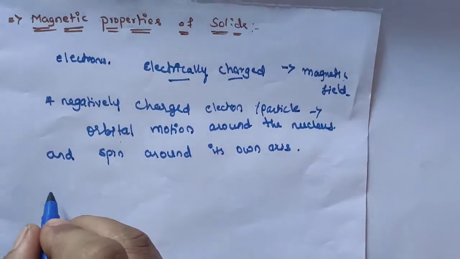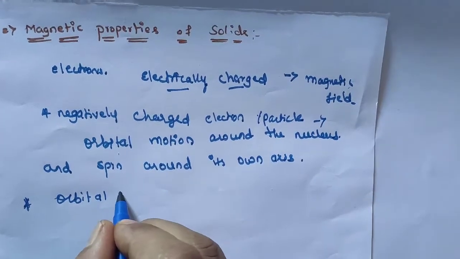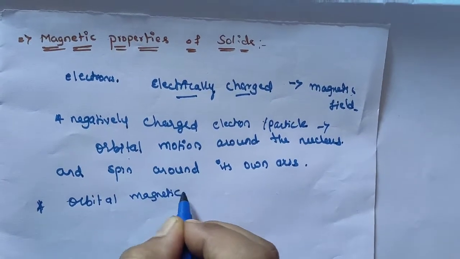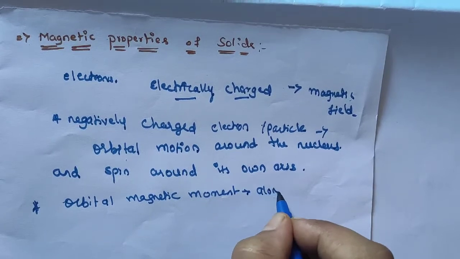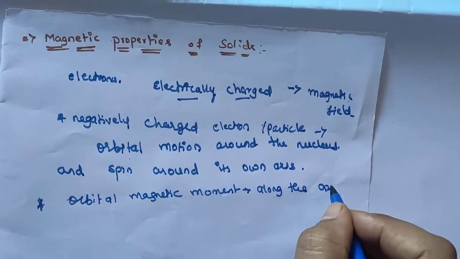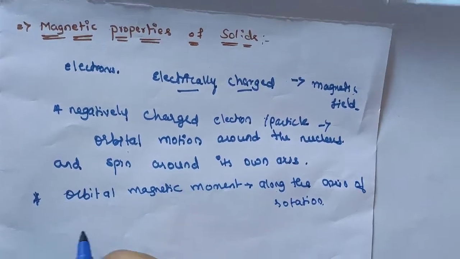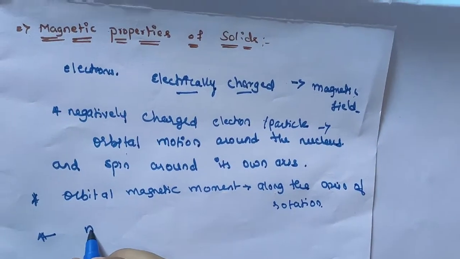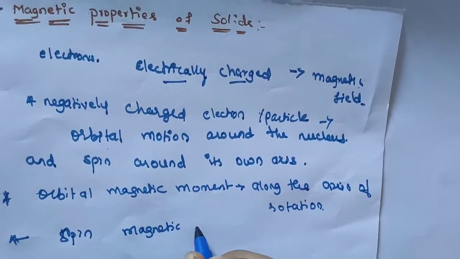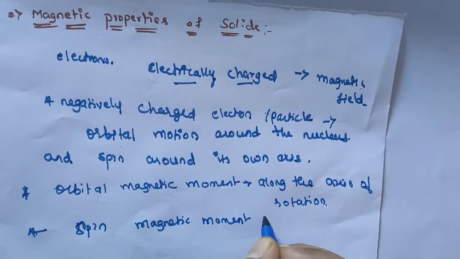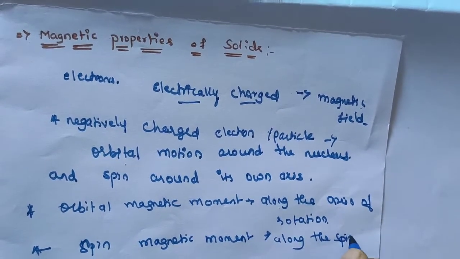Correspondingly, we have the orbital magnetic moment along the axis of rotation and the spin magnetic moment along the spin axis. You should remember this point: the orbital magnetic moment is produced along the axis of rotation, and at the same time the spin magnetic moment is produced along the spin axis.